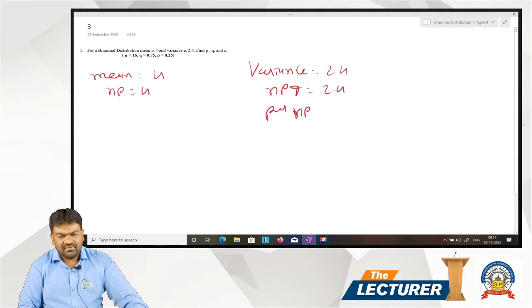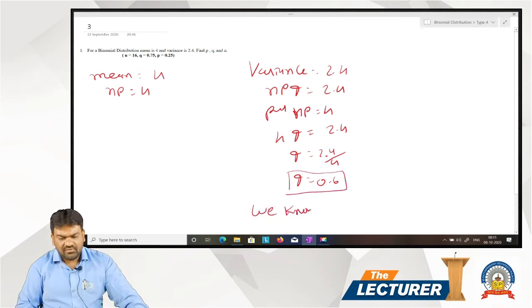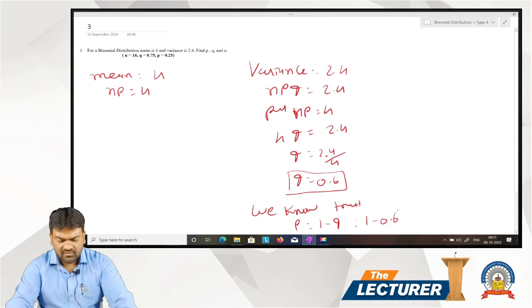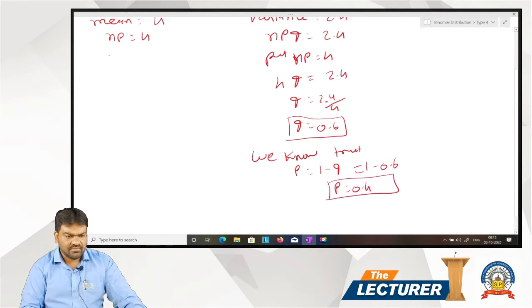Put np is equal to 4, 4q is equal to 2.4, q is equal to 2.4 divided by 4, 0.6. This is first answer, q is equal to 0.6. We know that p is equal to 1 minus q, 1 minus 0.6, so p is equal to 0.4. This is your second answer.